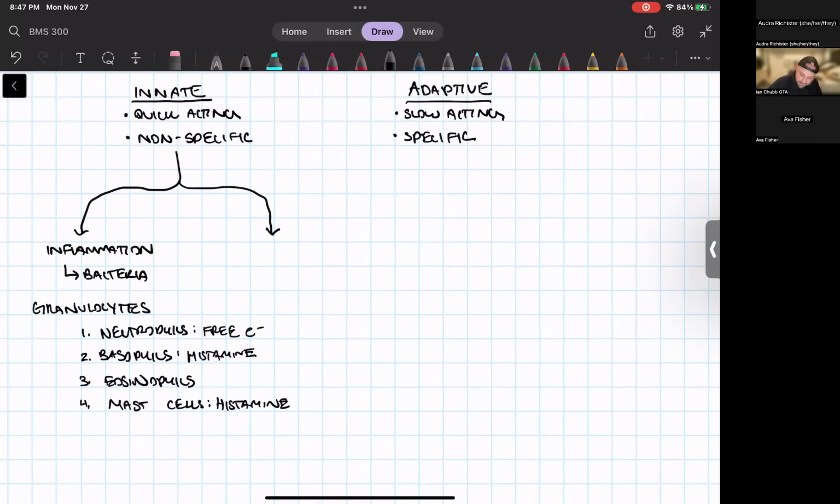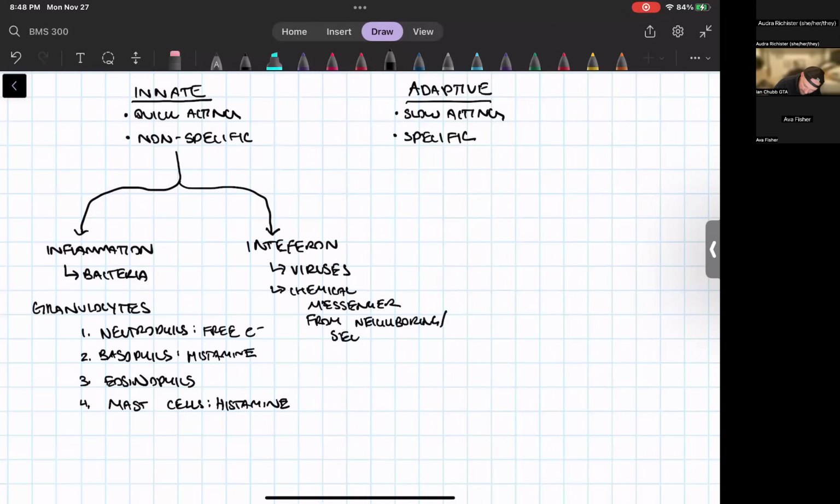Cool. Now the other side of this will be interferon. And we'll talk about this when it comes to viruses. Really, interferon is a chemical messenger from neighboring or self cells.